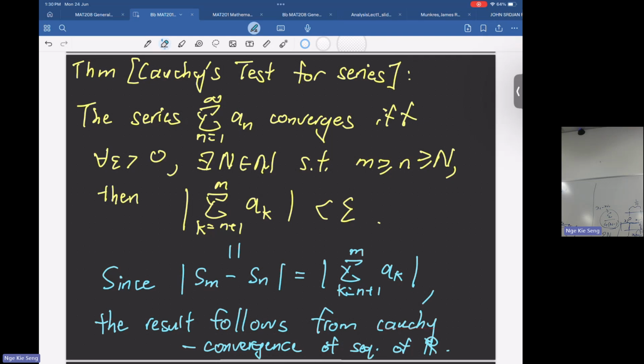But what is S_m minus S_n here? It's just the sum from n plus 1 to m. So this is the point. Does that make sense? I just use a different way to express S_m minus S_n.